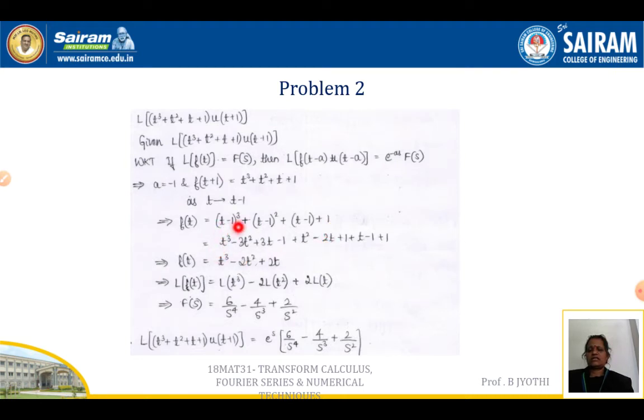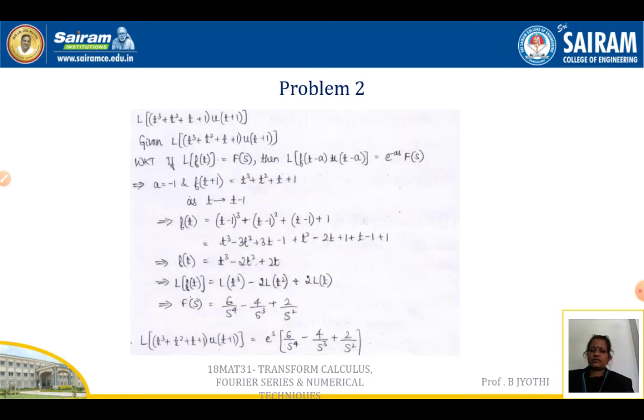Simplifying, a minus b whole cube is a cube minus b cube minus 3ab into a minus b form. So it is t cube minus 3t square plus 3t minus 1, and t minus 1 the whole square is t square minus 2t plus 1, plus t minus 1 plus 1.